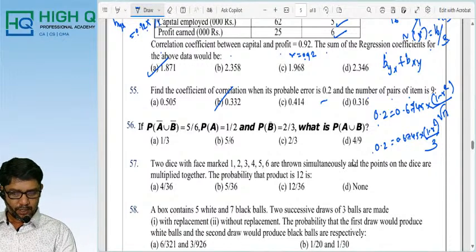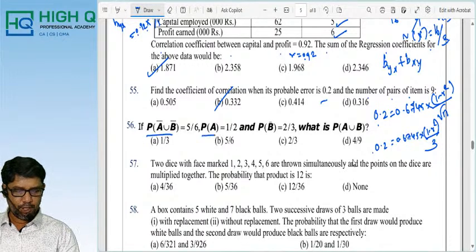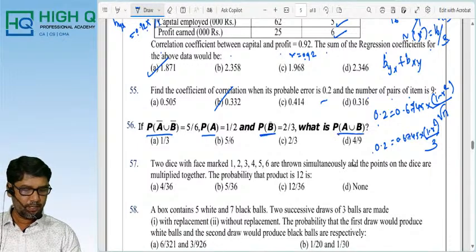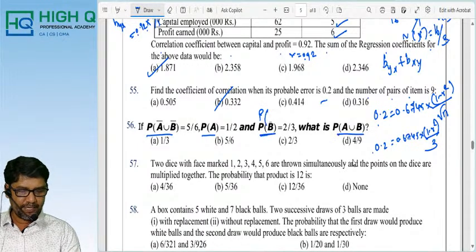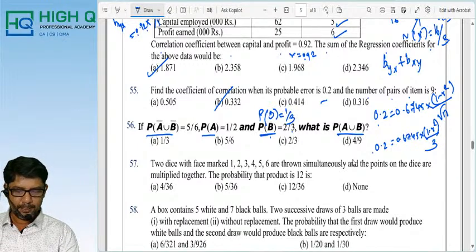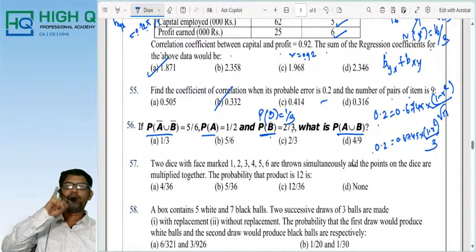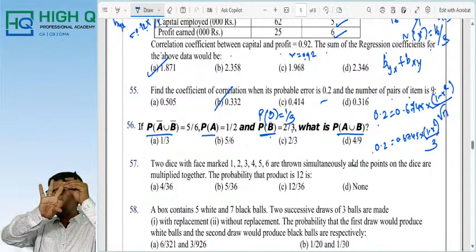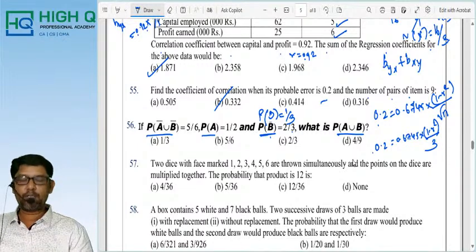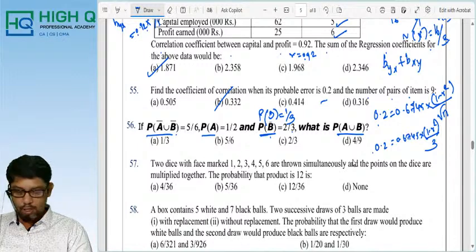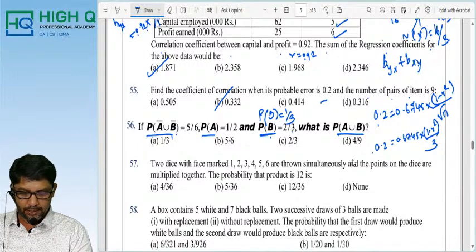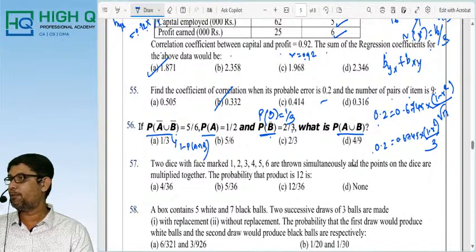Now, P of A bar union B bar, P of A is given, P of B dash is given, P of A union B. So if P of B dash is 2 by 3, what is P of B equal to? 1 by 3. Now P of A union B is P of A plus P of B minus P of A intersection B. Sir, P of A intersection B is not there, sir. For that this is given, na. What is P of A bar union B bar? 1 minus P of A intersection B according to De Morgan's law.